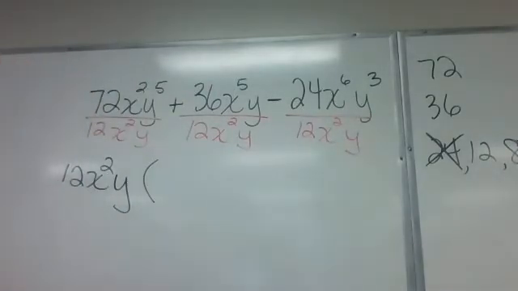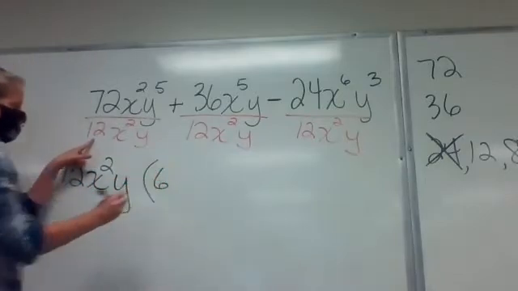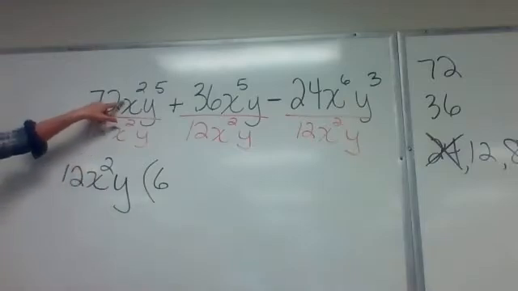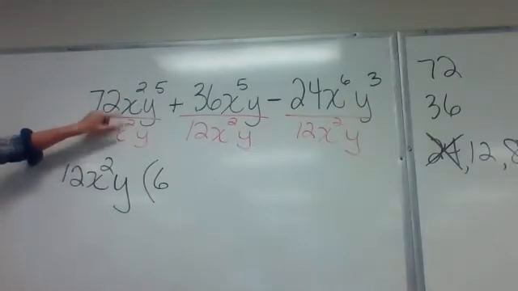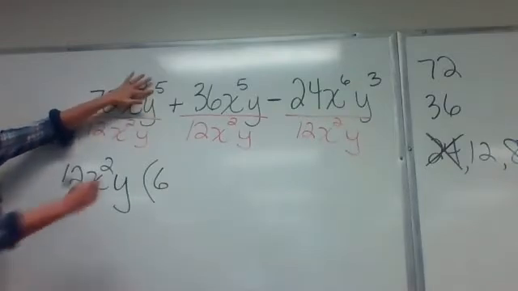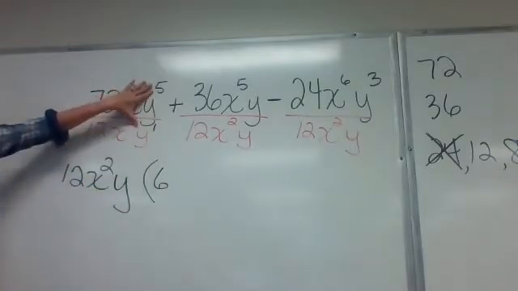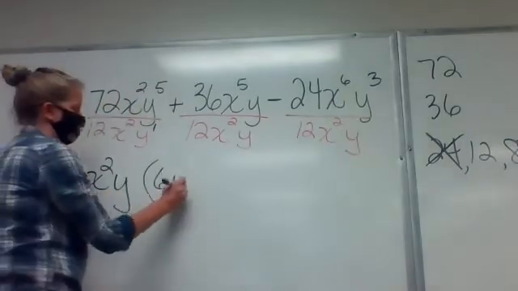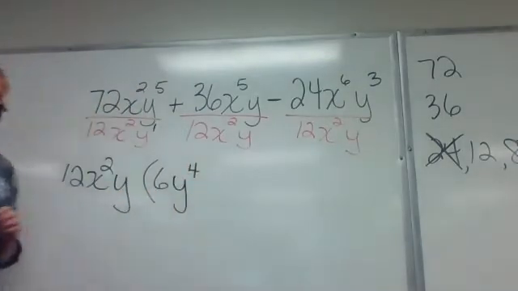So let's see what I have left when I divide. 72 divided by 12 gave me 6. X squared divided by x squared, if you subtract those exponents, you don't have any left. So I'm going to the y's. I have y to the 5th over y to the 1st, which leaves me with y to the 4th.